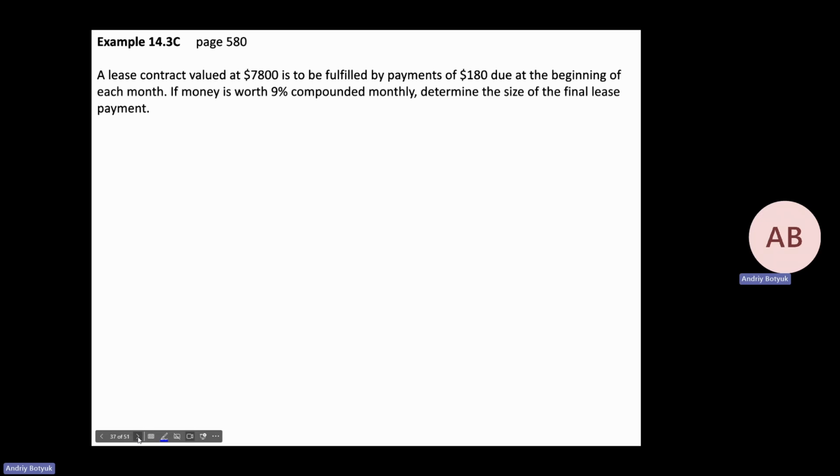Remember though that you don't have to multiply by one extra payment interval because it's annuity due. So beginning of each month.